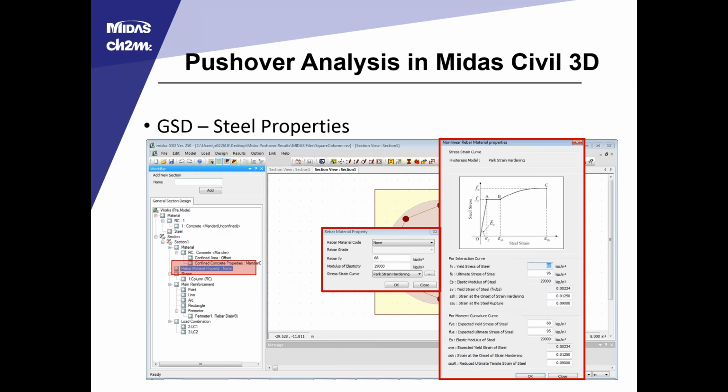I would recommend using a stress-strain relationship that has a bilinear relationship with strain hardening. It is possible to choose one without strain hardening, but we'll look later in the results comparison. That introduces a fair amount of error into the results. And we do know reinforcement steel to experience strain hardening, so for accuracy purposes, it's best that we include that in the model.